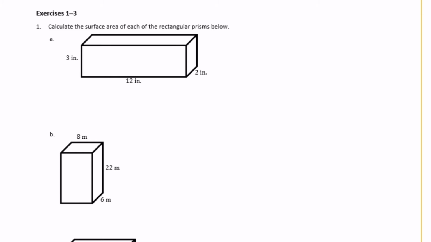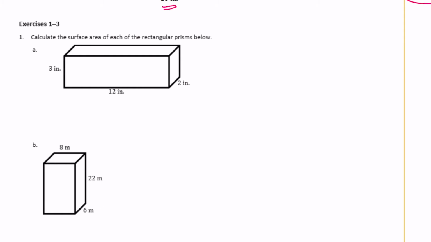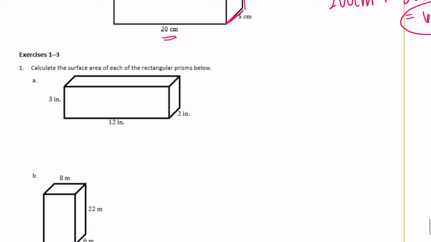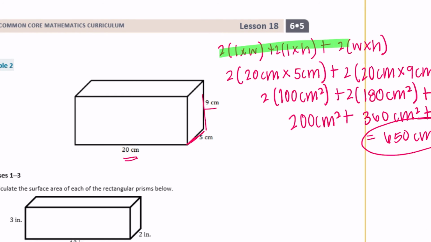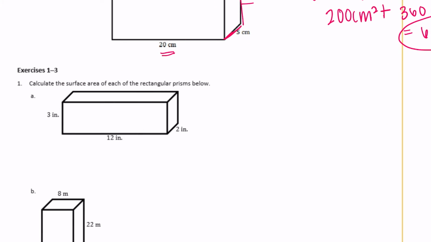All right, number 1, calculate the surface area of each of the rectangular prisms below. We can follow this formula up here. So we're going to do two groups of length times width, so 12 by 2, plus two groups of length times height, or 12 times 3, plus two groups of width times height, or 2 times 3.